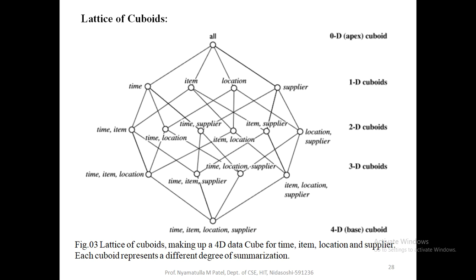Then we discussed data warehouse modeling, the data cube and OLAP. We discussed a 2-dimensional, 3-dimensional and 4-dimensional view of the data in the form of a lattice of cuboids. That is sufficient for this video.